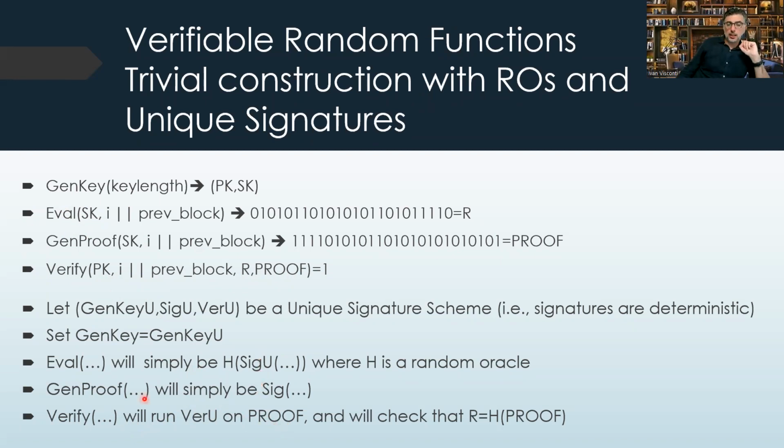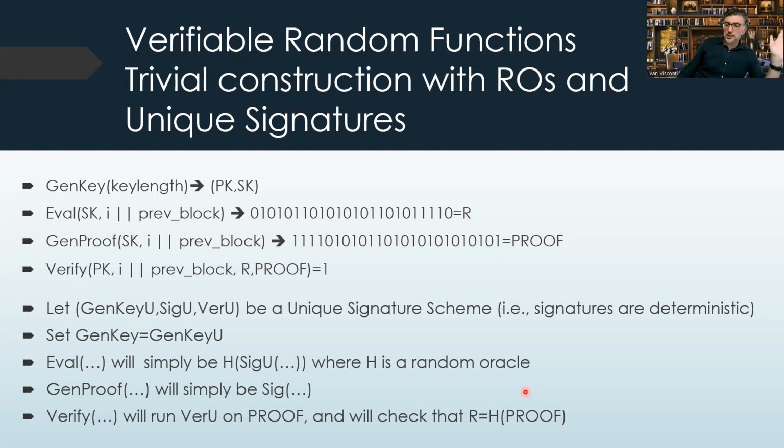Recall, the proof is just a signature, so it's the natural verification of a signature, and we check that R is actually H of the signature, which is true. So this essentially means that a verifiable random function comes kind of for free if you have a signature scheme with some specific special properties. So nothing crazy.